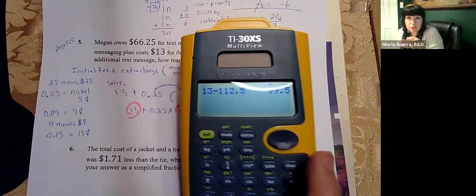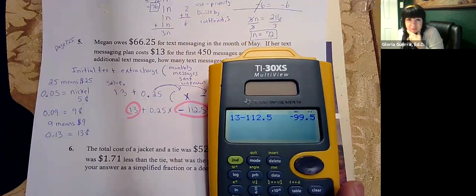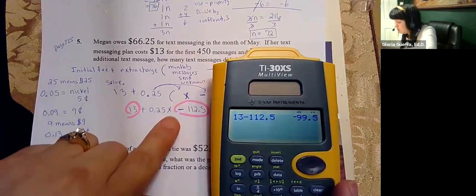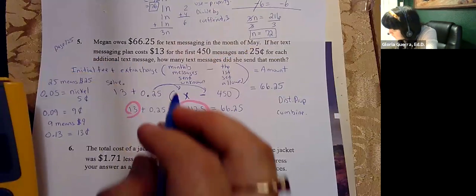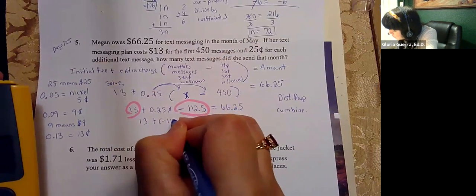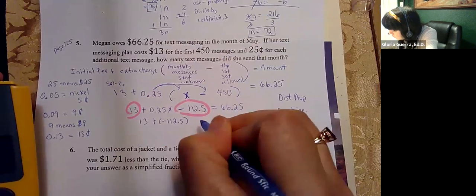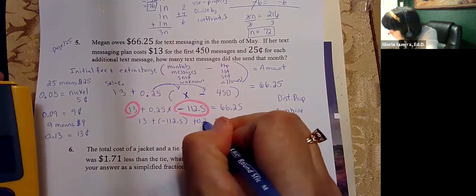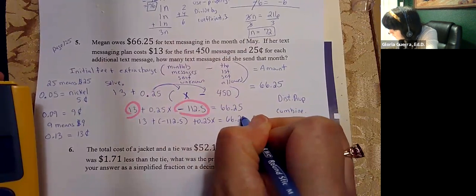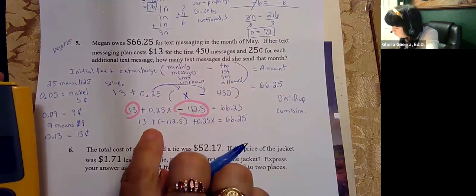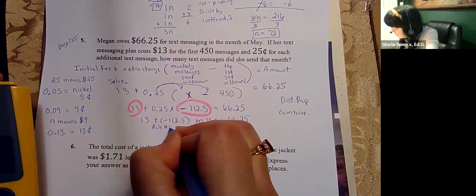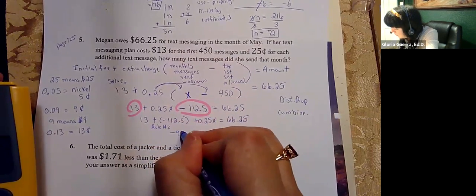You're adding two numbers with different signs, basically, because this is like adding the opposite. So this is like 13 plus a negative 112.5 plus 0.25x equals 66.25. So you're adding, this is rule number 2, so it's going to be negative. You're going to have to subtract.